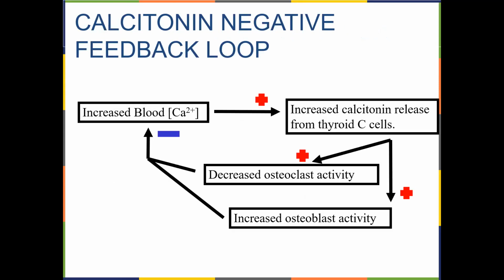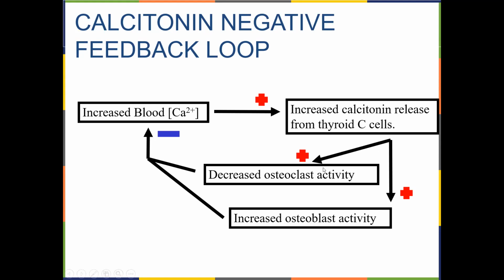These are negative feedbacks. This is calcitonin, the negative feedback. Remember, calcitonin is not a major player, but this is how it works. If our blood calcium levels go up above normal levels, then we will release calcitonin from the parafollicular cells of the thyroid gland.